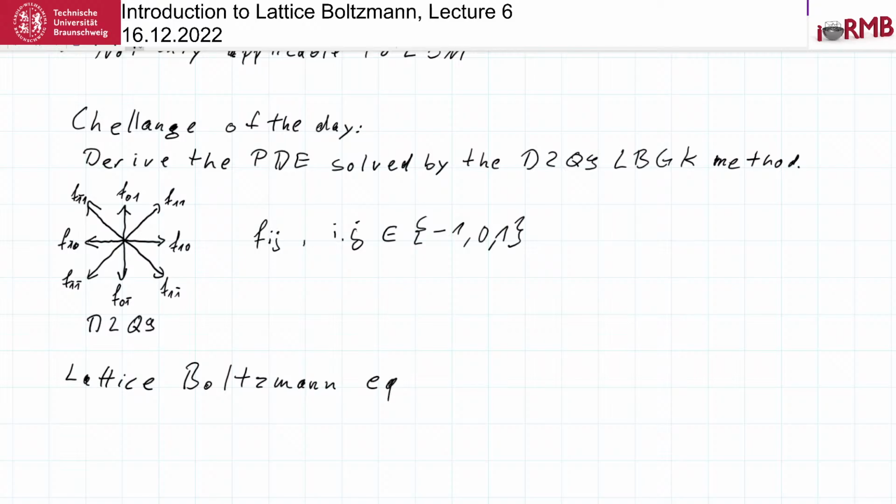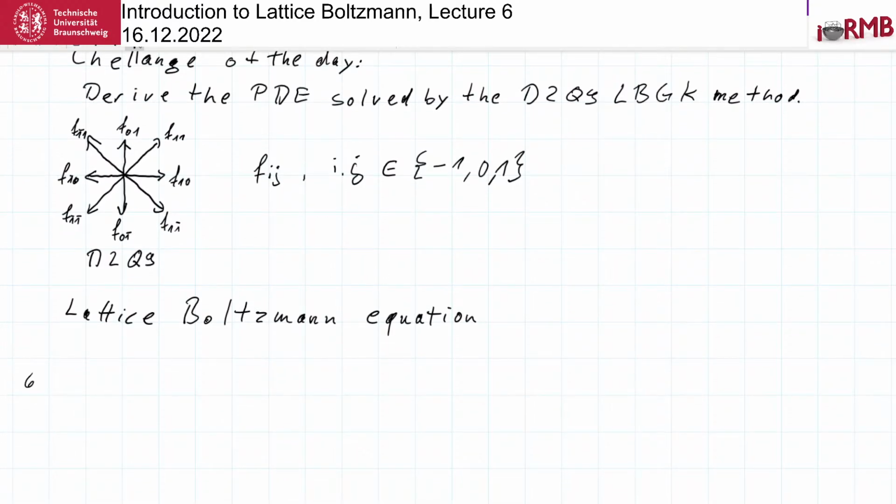By Lattice Boltzmann equation, which I will denote as 6.1, we mean this equation saying that the pre-collision state of f at the position x plus i times the unit vector in x direction plus j times the unit vector in y direction times 1/2 a grid spacing.